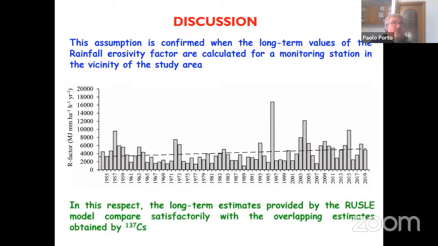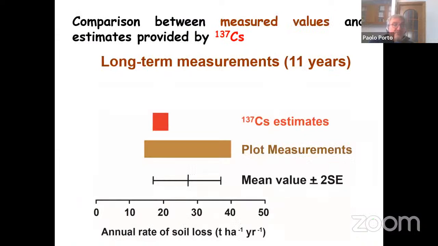So from this point of view, we assume that if we increase the number of years of measurements, our estimates are going to be better and better. And you can make another attempt to verify this using a mathematical model, for example, the Russell model. The Russell model requires information on rainfall, soil, topography, and so on.